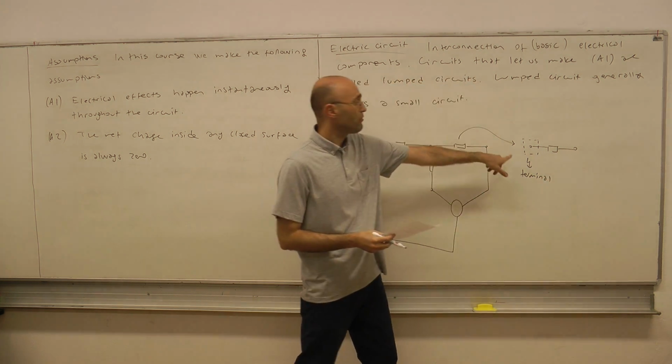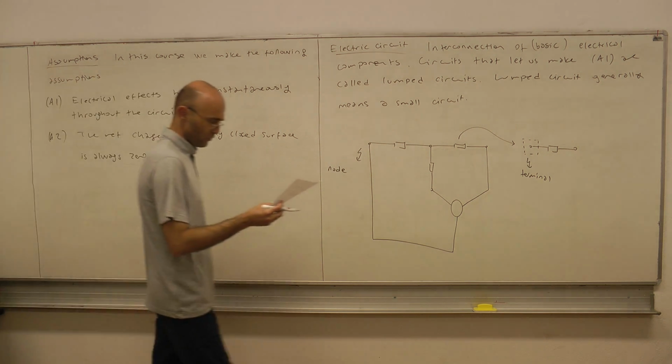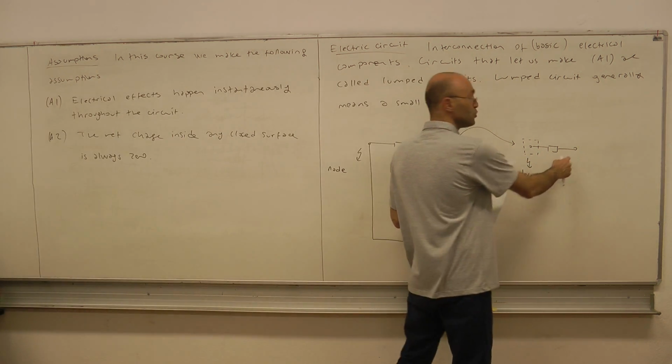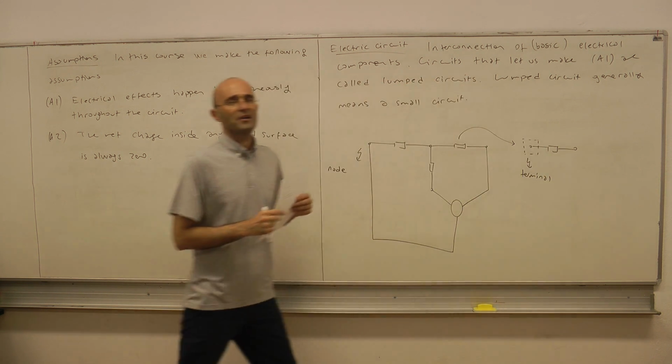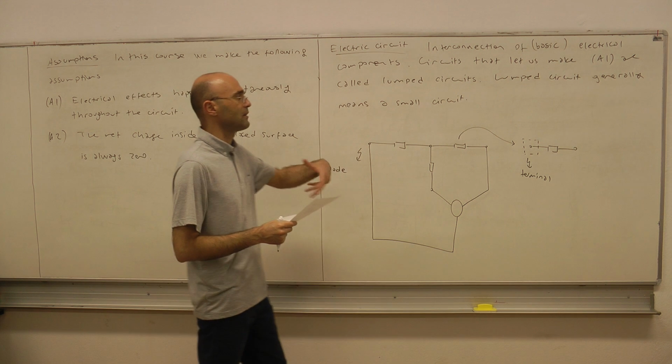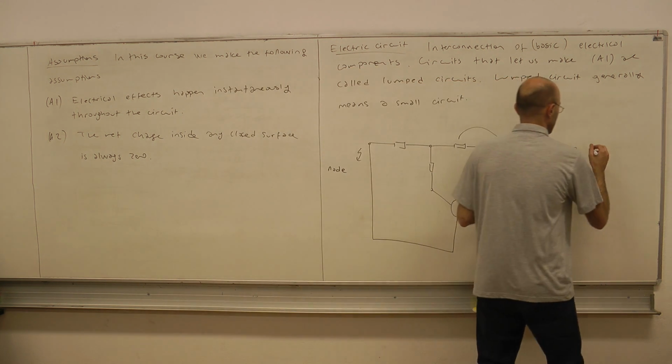Meaning each of the wires that are sticking out of our component is a terminal. And this thing is a 2-terminal component because it has 2 wires sticking out of it, like a resistor, like a battery, or like an inductor. A 2-terminal element.